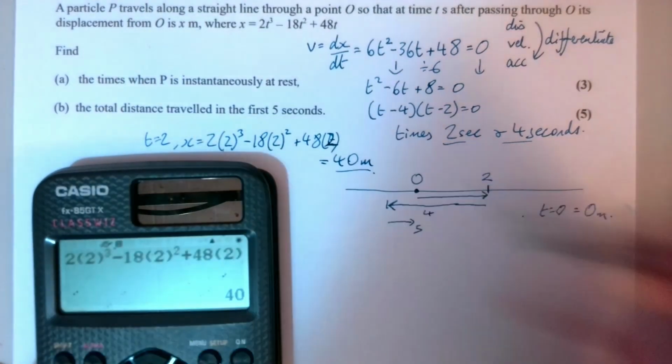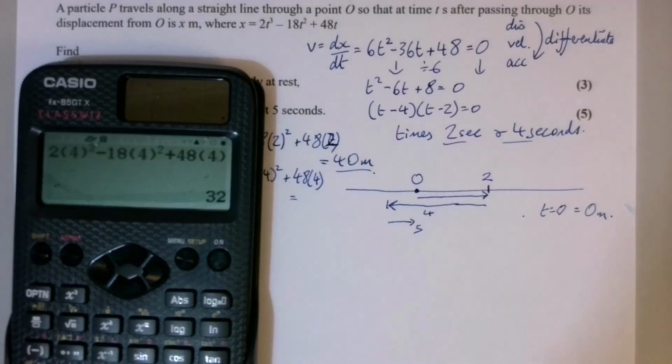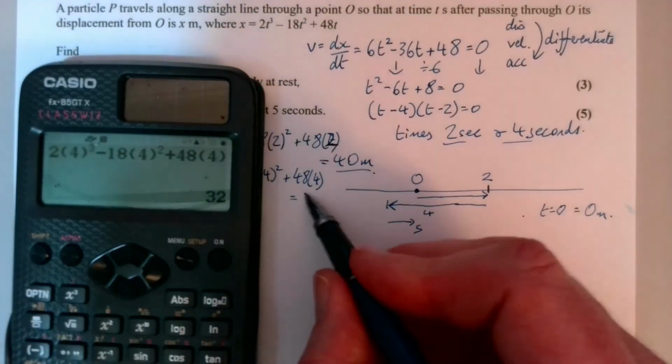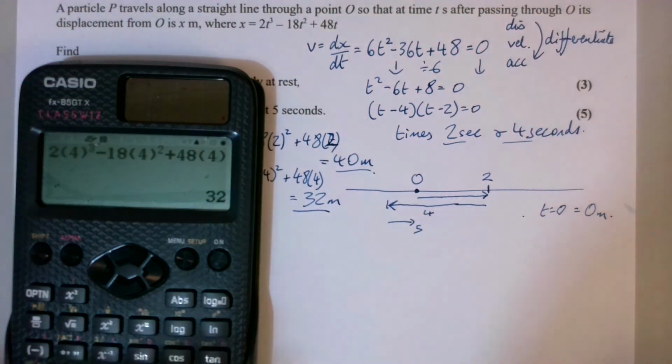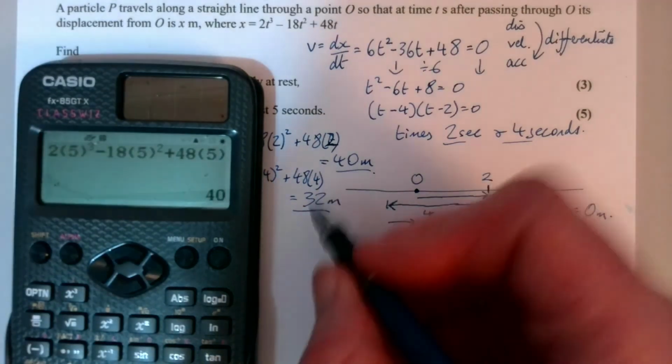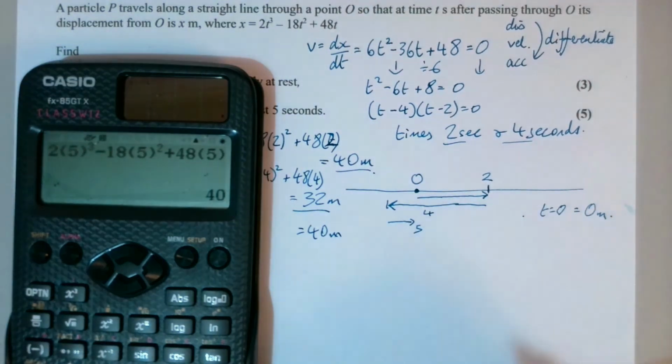So that's 40 meters. Then repeat the process for 4 seconds and we get 32 meters. Oh, I was expecting a negative. Obviously it hasn't come back as far as I thought it would do. And then again for 5, and that gives me 40 meters again for 5 seconds.